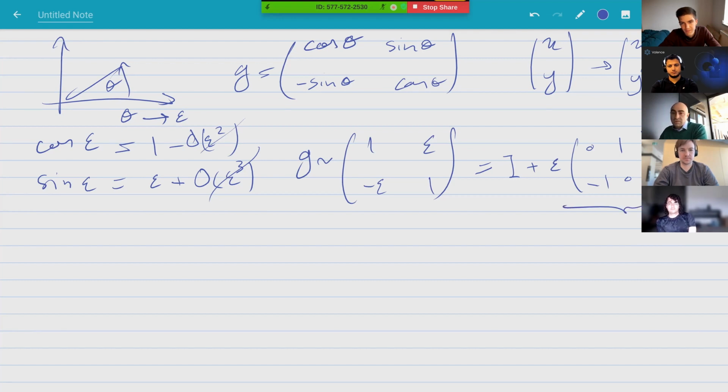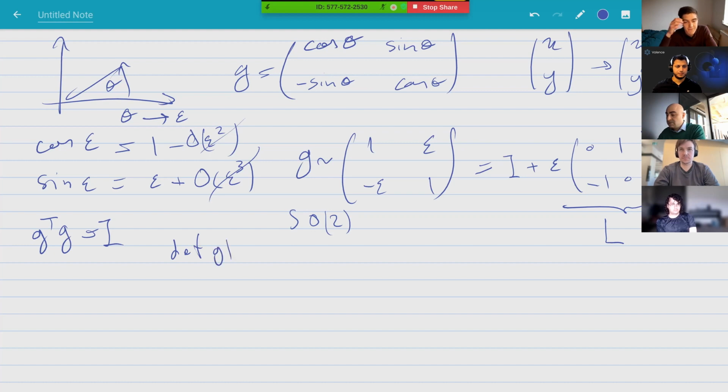This is what we're calling the Lie algebra element for constructing the group of rotations in 2 dimensions. SO(2), which is the name of this group, means special orthogonal group in 2 dimensions. Orthogonal means their matrices satisfy G transpose G equals identity, and special just means that their determinant is equal to 1, so the determinant of G is equal to 1.